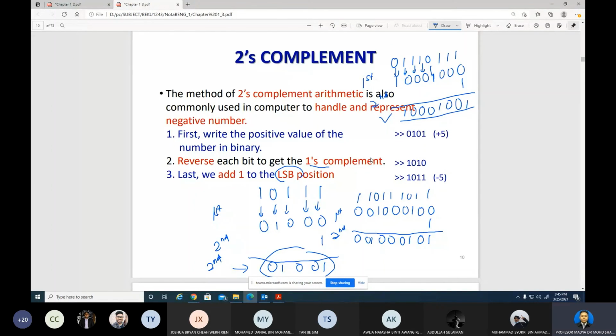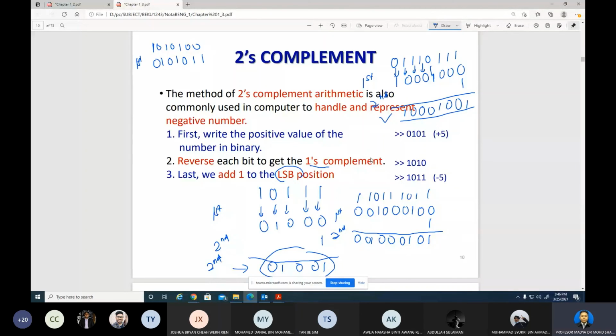Maybe I will put an example where we have a 1 at the back: 1 0 1 0 1 0 0. For the first complement you have to invert the input, so this one will be 0 1 0 1 0 1 1.